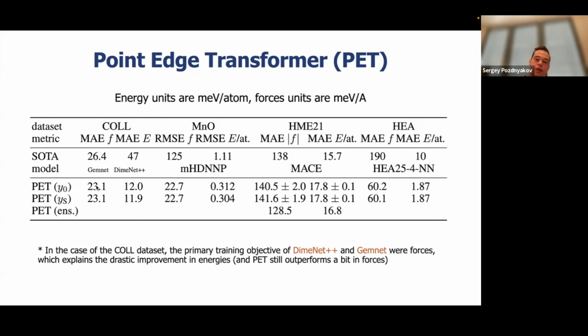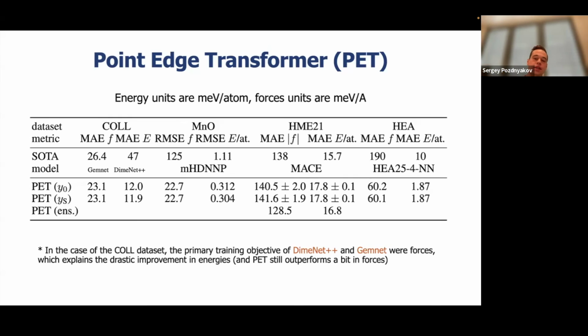Next, I want to draw your attention to the comparison with MACE on the high-temperature multi-element dataset. And as you can see here, the situation is much more even. MACE is a really, really good model. MACE actually outperforms PET on this dataset, but the difference in performance is quite negligible.